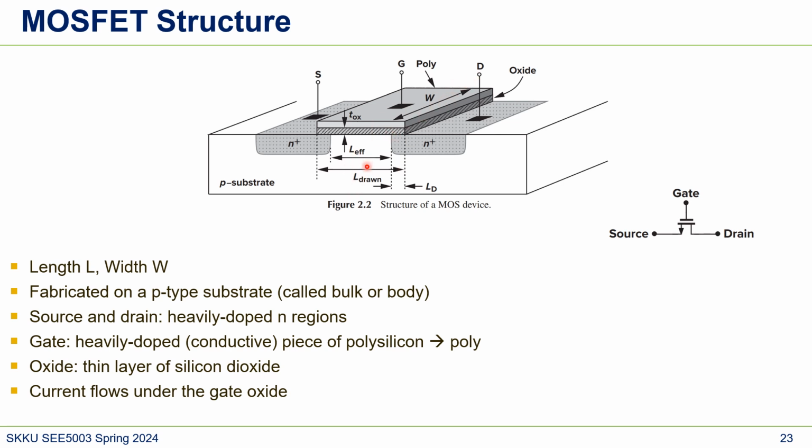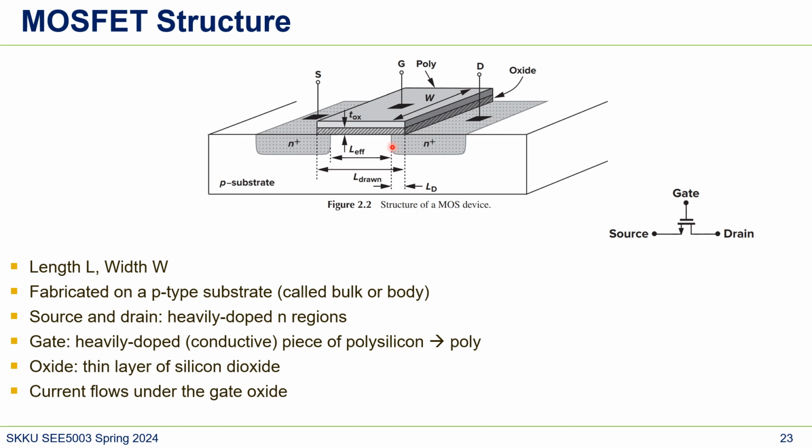We can also relate these values to resistance. For example, let's look at the length. Length is from here to here, right? And I told you guys that the current is flowing from source to drain through this path. So what happens if the length is long? The current has to travel a longer distance between source and drain, which means it has a hard time to travel.